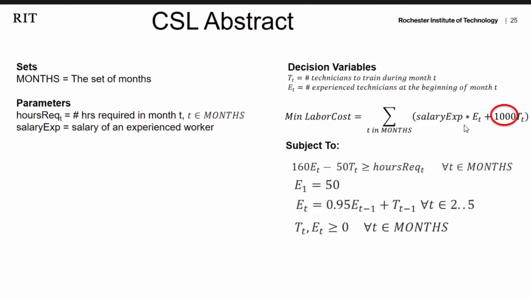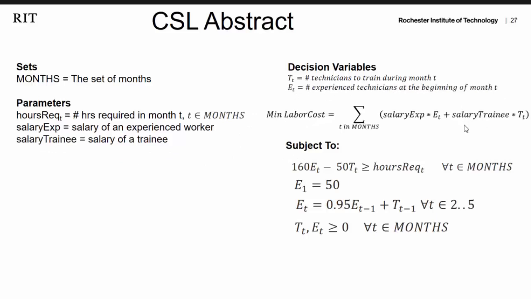And then we can do the same thing for this $1,000, or the salary of a trainee. We can make a parameter for that. And then everywhere we need that salary for a trainee, we'll use salary trainee instead of the number 1,000. So after including those two new parameters, we see them being used in our objective function. And then we can do that for all the other parameters we see in our model.